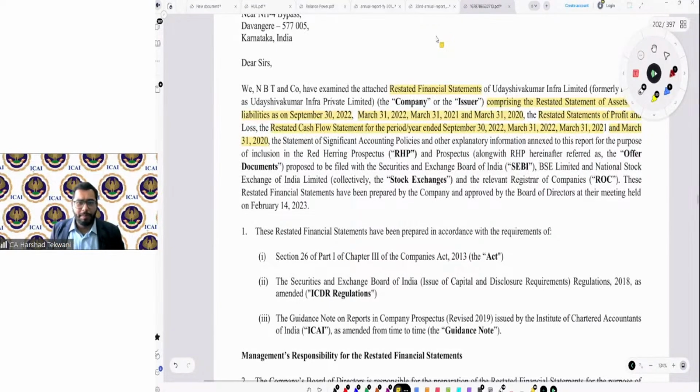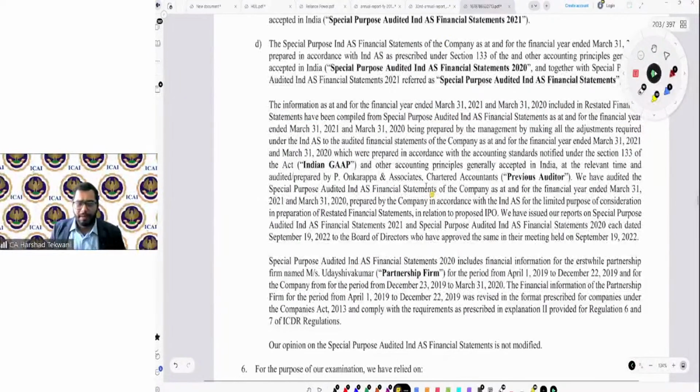And if you see in this particular one, there is also a remark about the previous auditor. The financial statements for 31st March 2021 and 2020, which were prepared in accordance with the accounting standards notified under the section and other accounting principles accepted in India at the relevant time, were audited and prepared by the previous auditor.